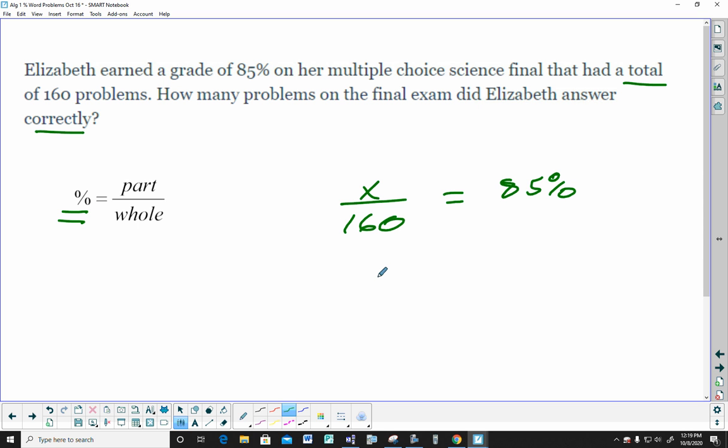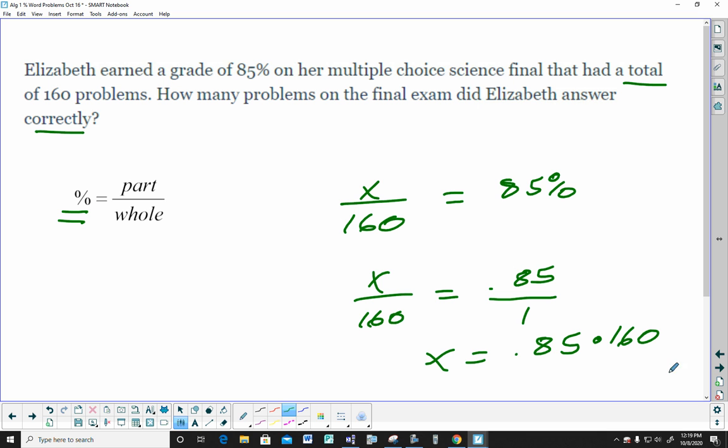And remember, before you do this, you have to change that to a decimal. And if it helps you see it, put it over 1 and cross multiply. Okay? X equals 0.85 times 160. Okay, so you just go 0.85 times 160. 136.